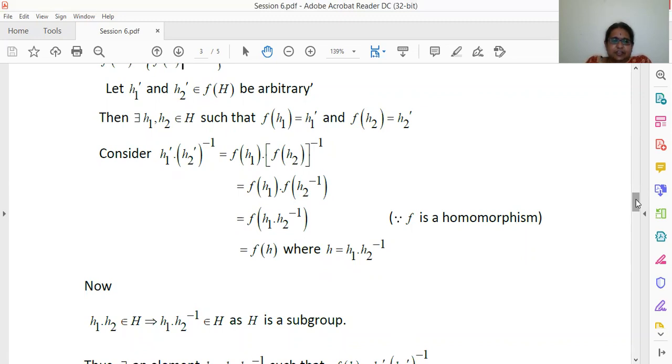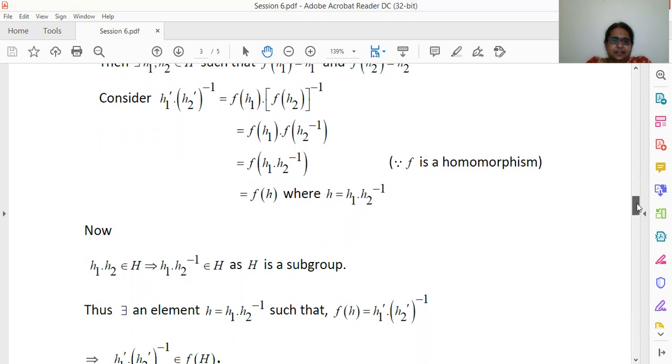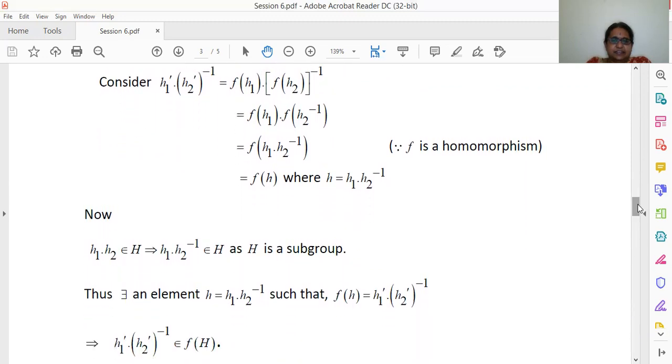For example, we have taken two elements h1 dash and h2 dash belonging to f of H, considered h1 dash dot h2 dash inverse, and proved that it belongs to f of H. That is, if you take two elements a, b belonging to H, and show that a dot b inverse also belongs to H, then it is a subgroup.